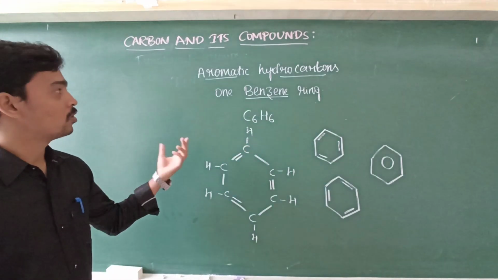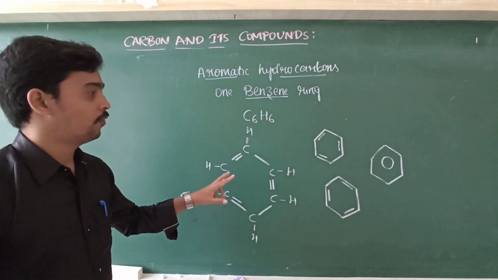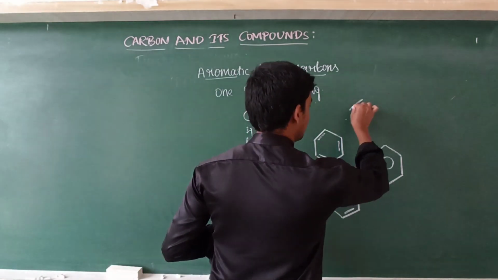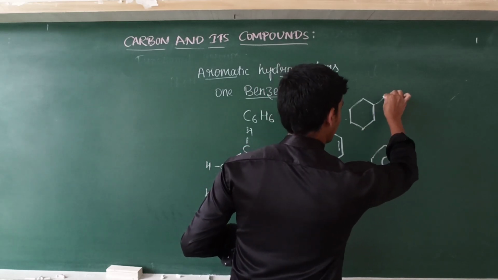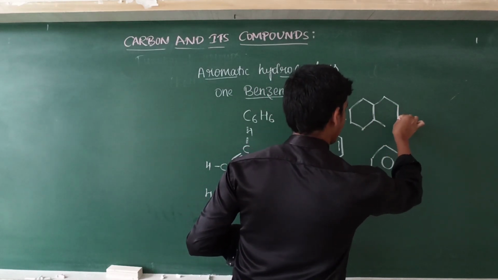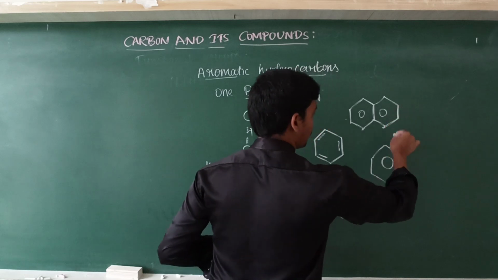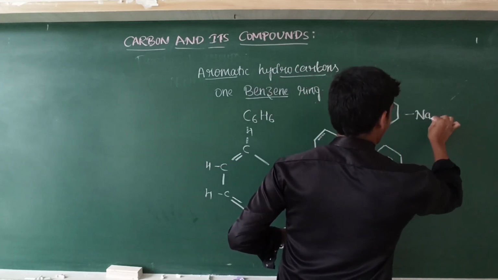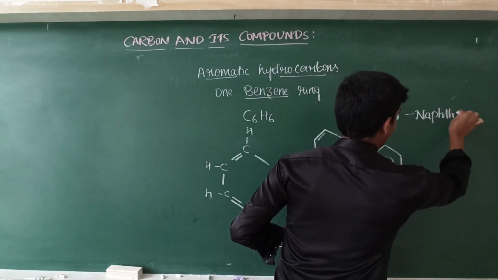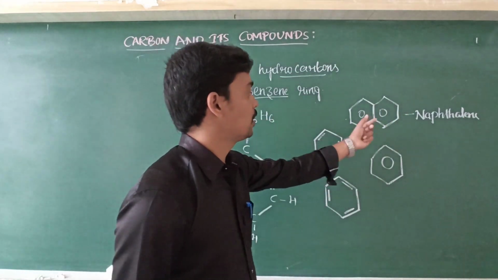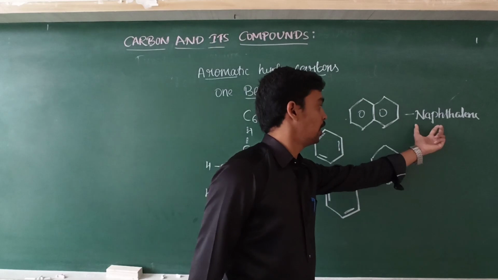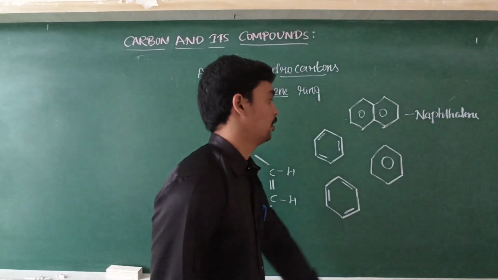Then, what are the compounds other than benzene? If 2 benzene rings are joined like this, the name of the compound is naphthalene.